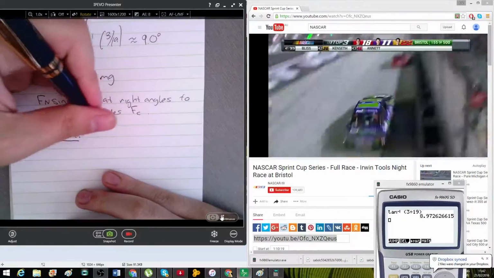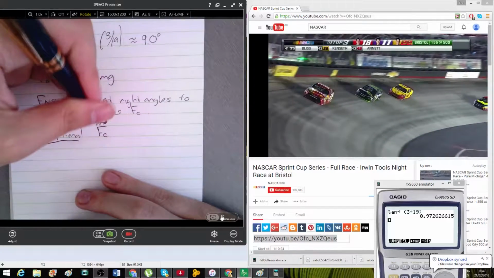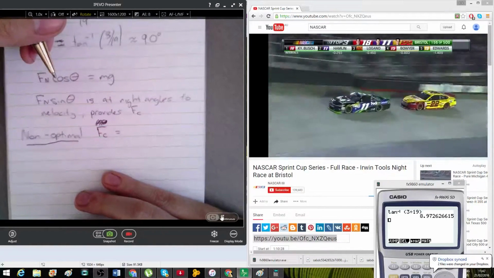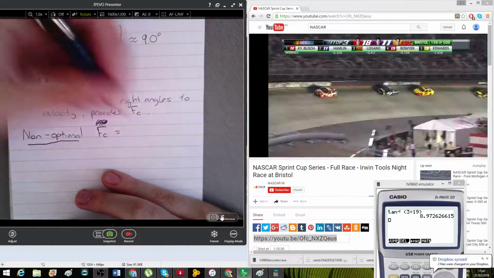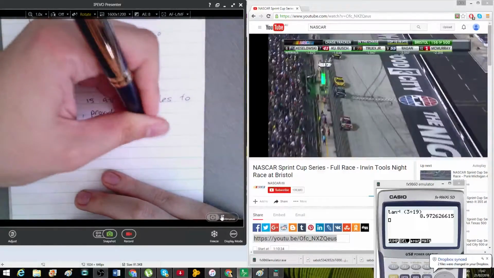Okay, centrifugal force. You've got two things. You've got Fn sine theta, so that's your banking.